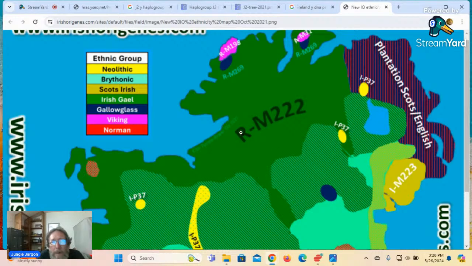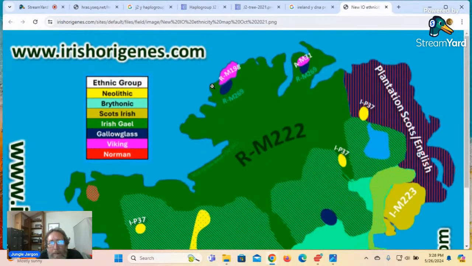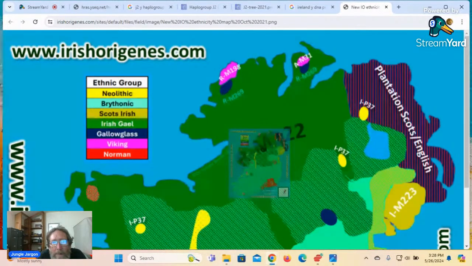So we have R-M222, R-M198, A-M31. What's A doing there? That is a little bit out of place, but if it is what it is, if it's an A haplogroup, that would be interesting.